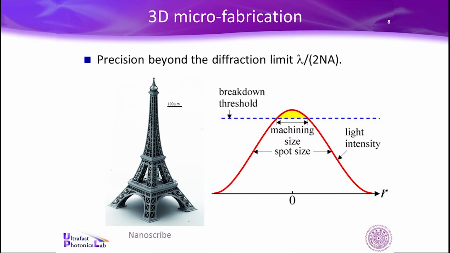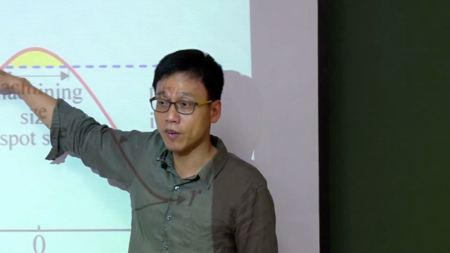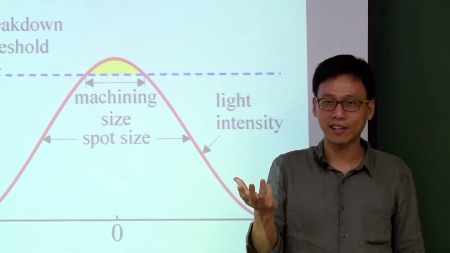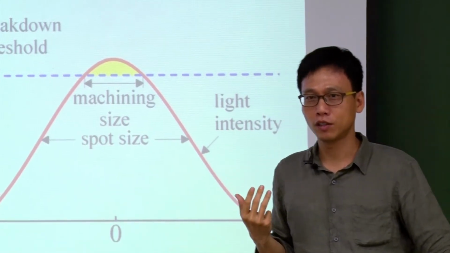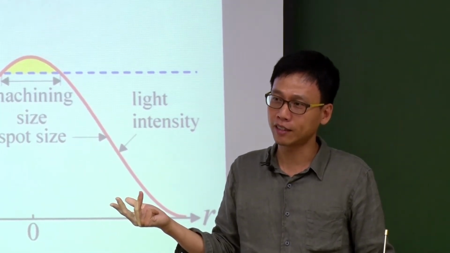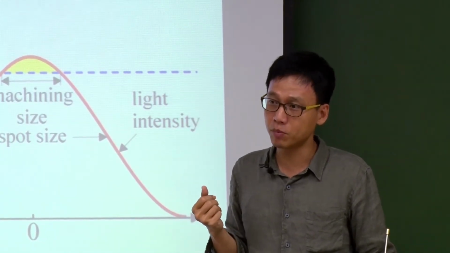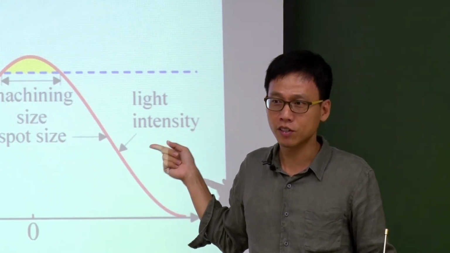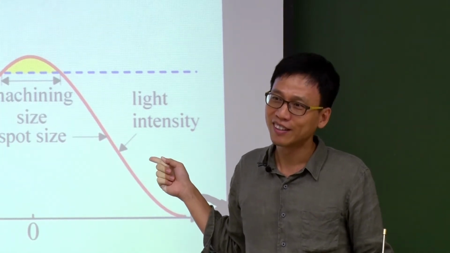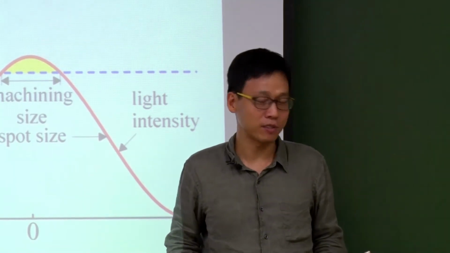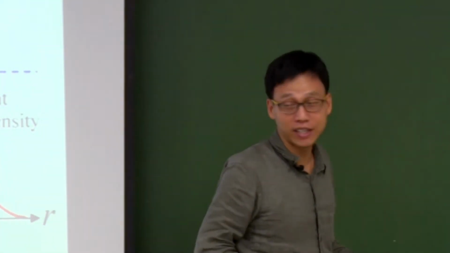And usually it's material independent. As long as light intensity is big enough, anything can be machined. Anything. Like glass. Traditionally, we suppose glass is transparent, right? So there is no absorption of light. Even if you shine a very intense laser beam, it just passes through, no machining, right? But with femtosecond lasers, even glass can be machined.